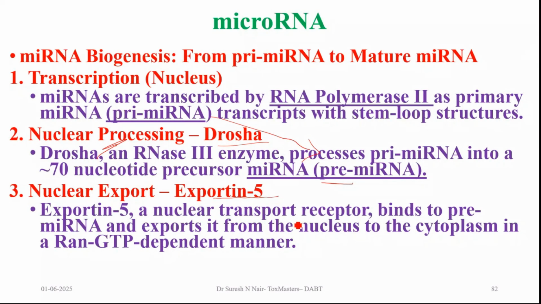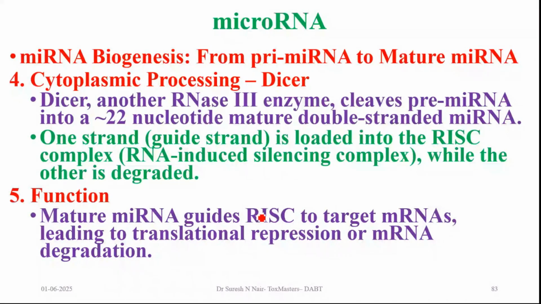Likewise, the pre-miRNA also has to leave the nucleus with the help of a protein that is known as the exporting protein. Now, once it is in the cytoplasm, there is another enzyme which is known as dicer. This dicer is an RNase 3 enzyme which cleaves the pre-miRNA into the miRNA. So primary miRNA, pre-miRNA, and miRNA. This is the pathway it undergoes.